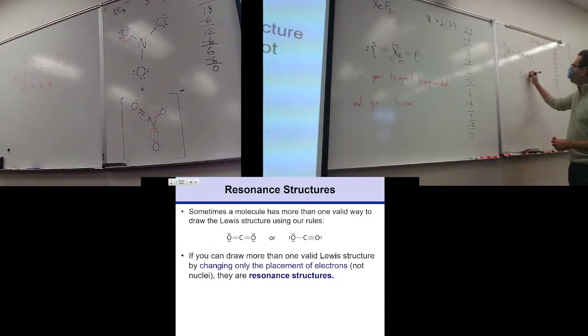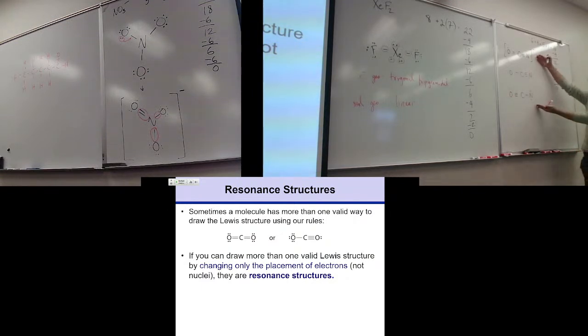I could have drawn it like this, where I left the oxygen alone and just moved 2 lone pairs from the nitrogen. Or I could have done it like this, where I left the nitrogen alone and moved 2 lone pairs from the oxygen. Every one of these is a resonance structure of each other.